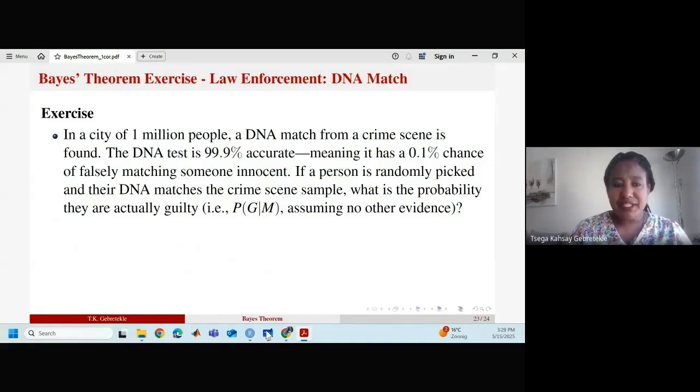The DNA test is 99.9% accurate, meaning it has a 0.1% chance of falsely matching someone innocent. If a person is randomly picked and their DNA matches the crime scene sample, what is the probability they are actually guilty? So please share your solutions in the comments below.